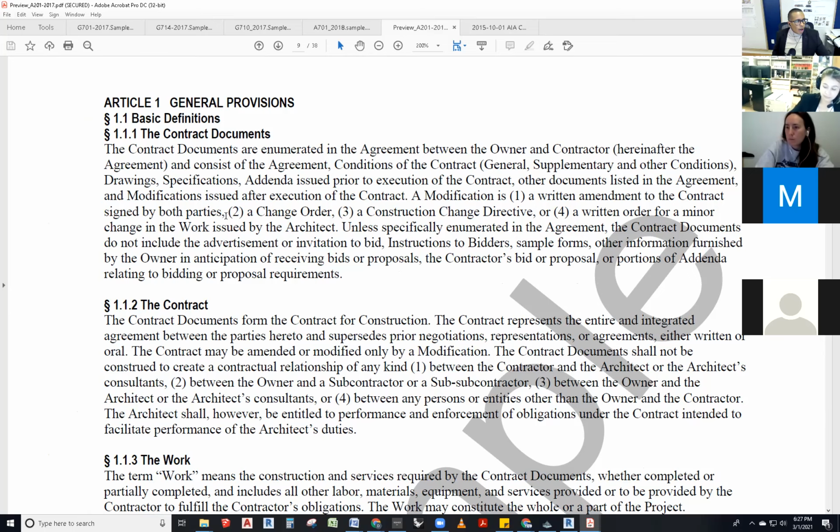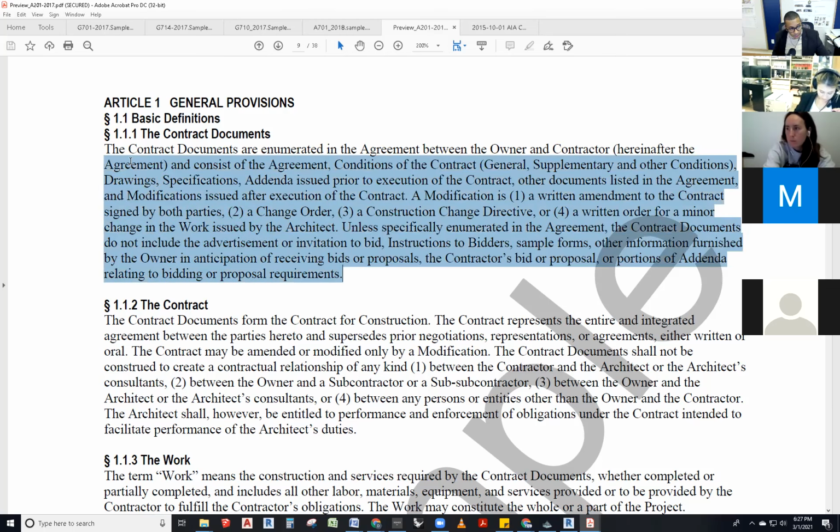All right. So Article 1, general provisions. 1.1, basic definitions. The contract documents are very, very important, both for practice management, project management, and construction evaluation.